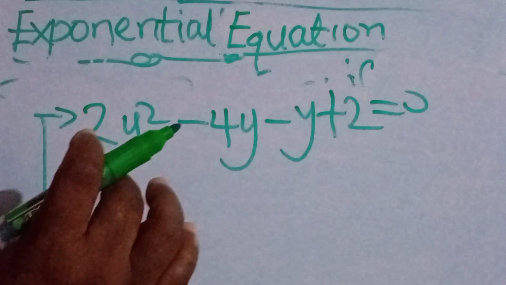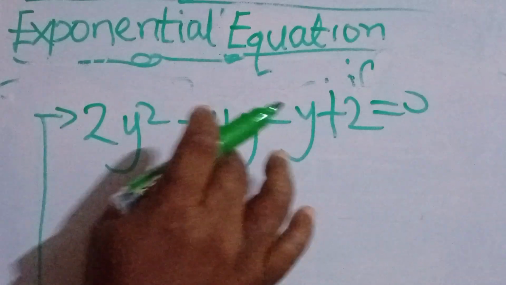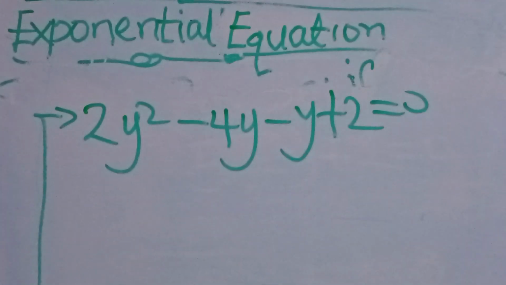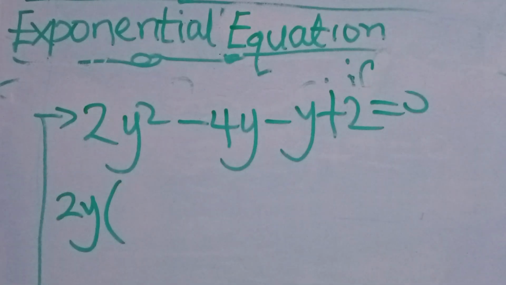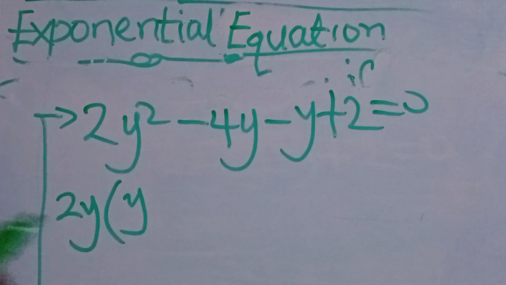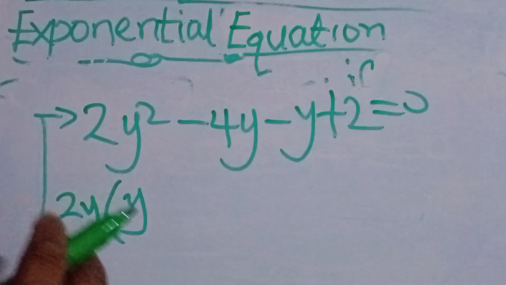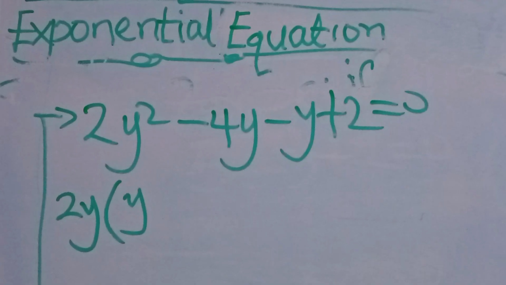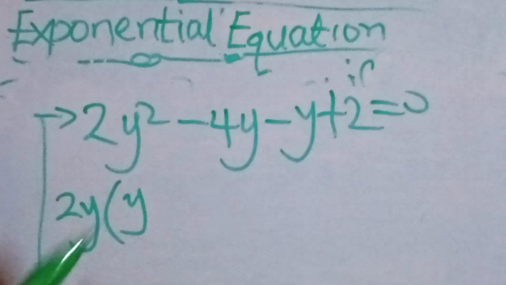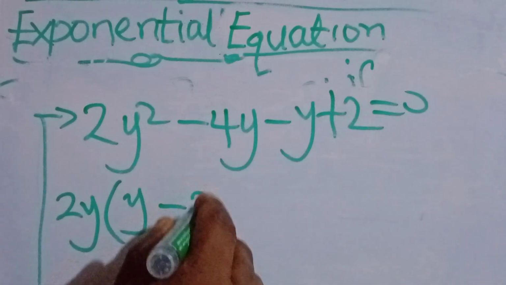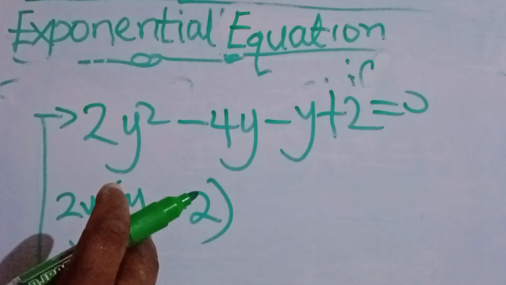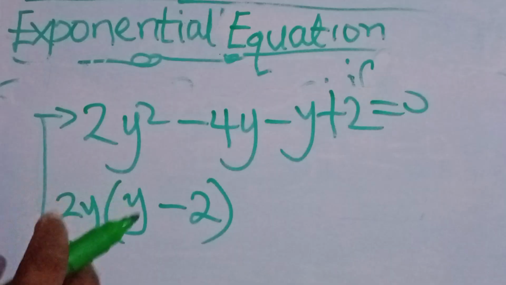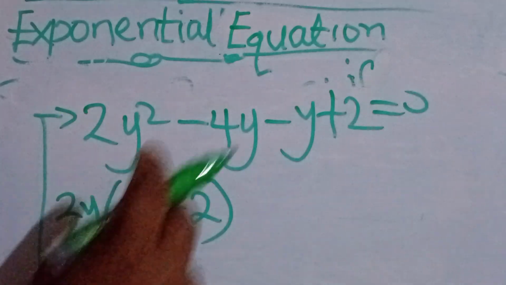So that here 2y is common. Then we bring 2y out. 2y squared divided by 2y will give us y. 4y divided by 2y will give us minus 2. Close the bracket. 2y times y will give us 2y squared. 2y multiplied by minus 2 will give us minus 4y.